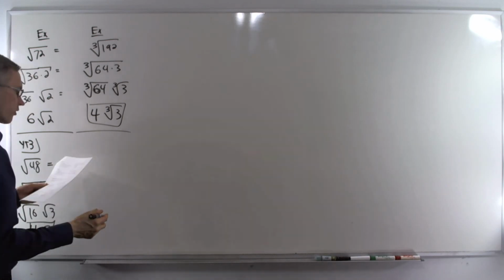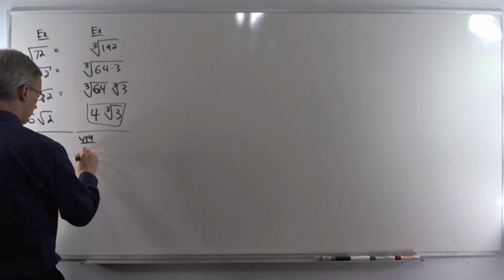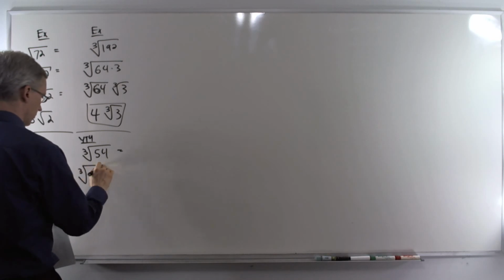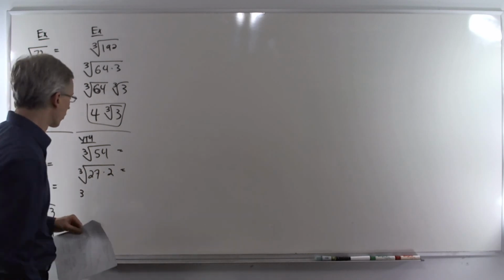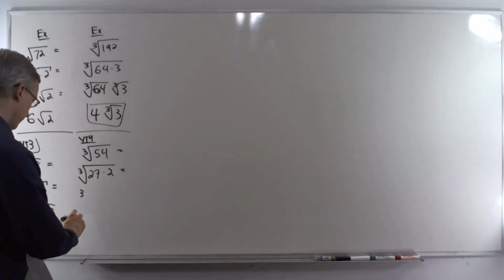Your turn, number 4. Third root of 54. Now 54 we can break up into 27 times 2, 27 being a perfect cube.